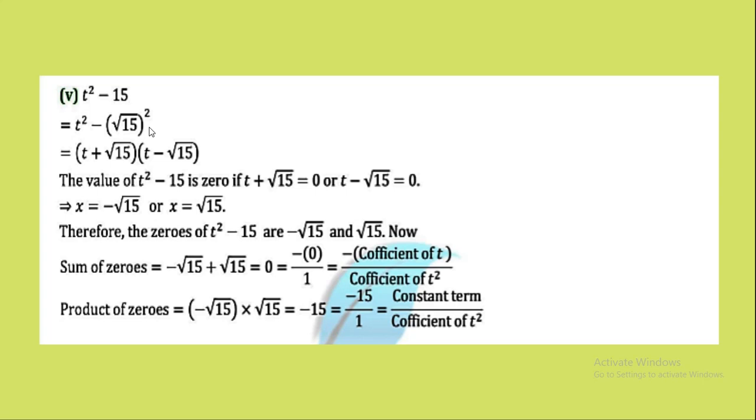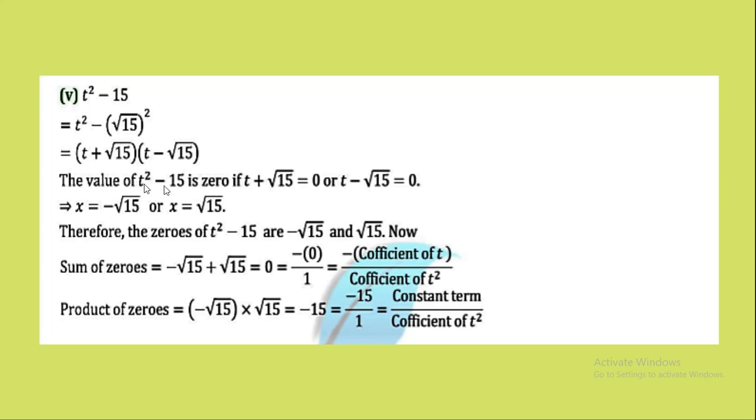A square minus b square is equal to a plus b into a minus b. Here a is t and b is root 15. So we can write it as t plus root 15 into t minus root 15. Now these are the two factors of this t square minus 15.